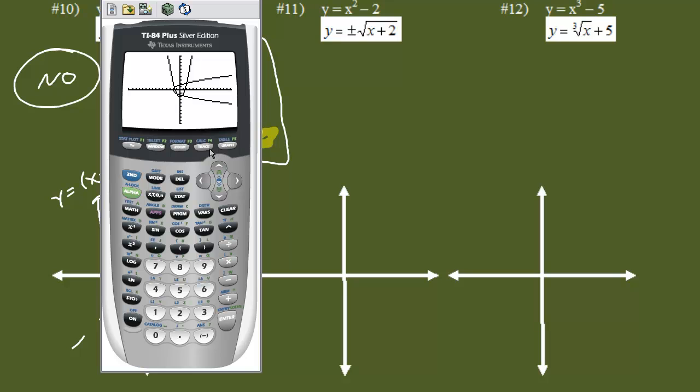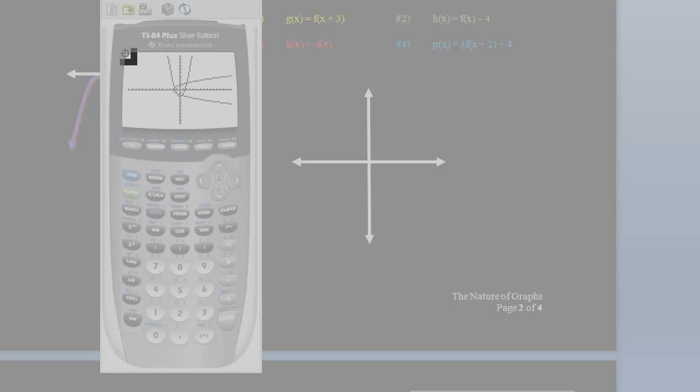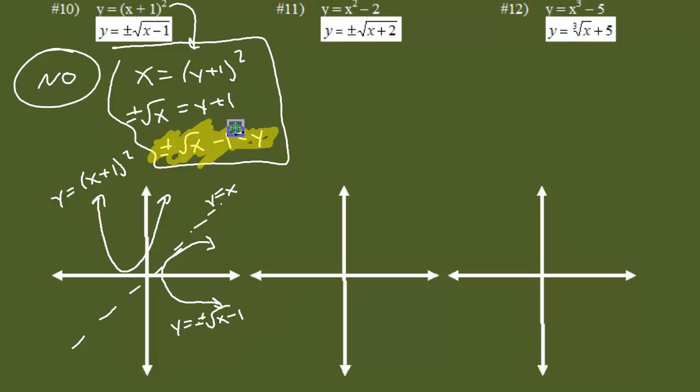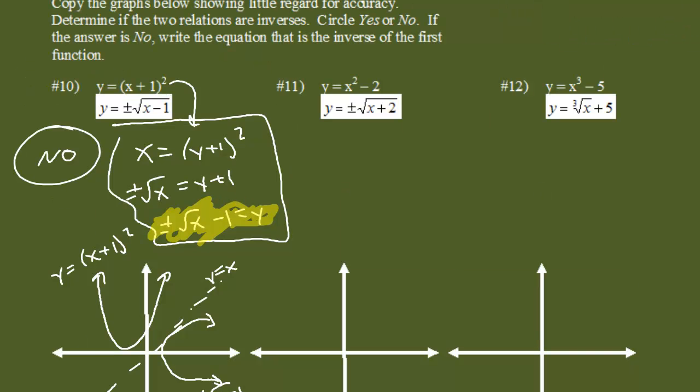Looks like it has potential being inverses. Let me just cheat. And I cheated and I lost it. There it is up here.